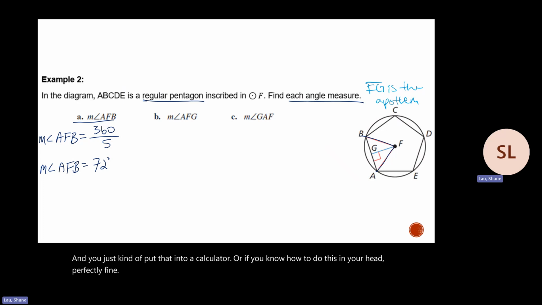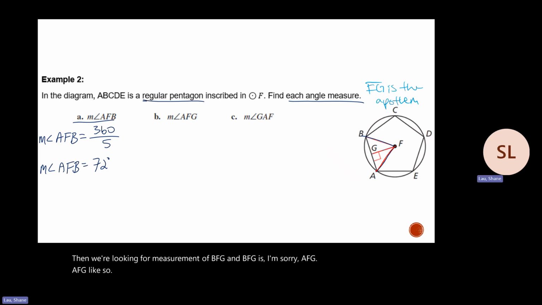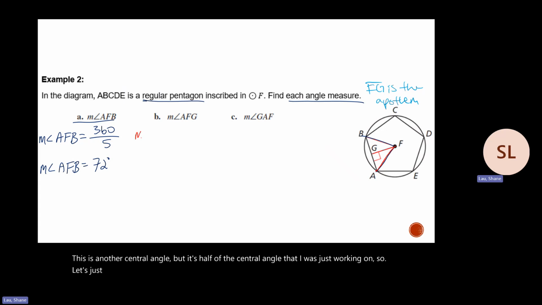Then we're looking for the measurement of AFG. This is another central angle, but it's half of the central angle that I was just working on. So let's set it up like that. The measurement of angle AFG is equal to half of the measurement of AFB.